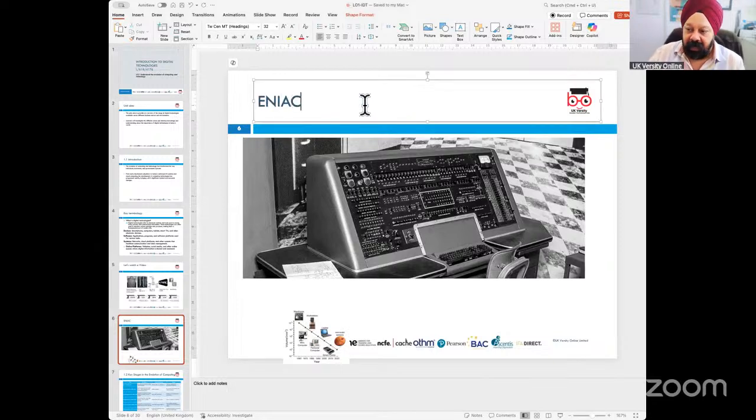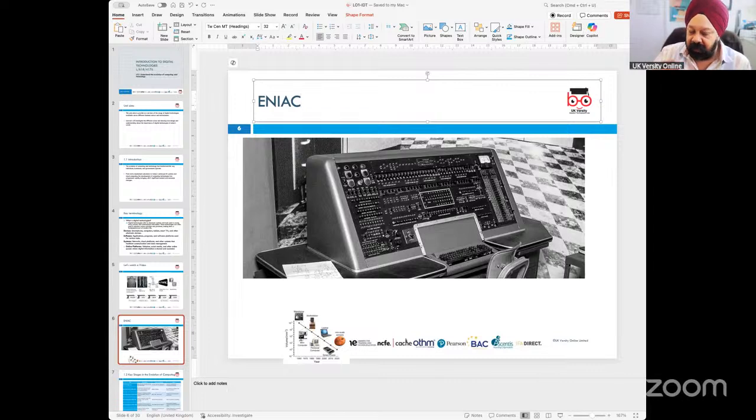This basically allowed some sort of calculations, processing to happen, because in a way, I would put it this way, it was the first electronic general purpose digital computer which was invented. Now, this filled up a particular room. That means it was quite big in size.